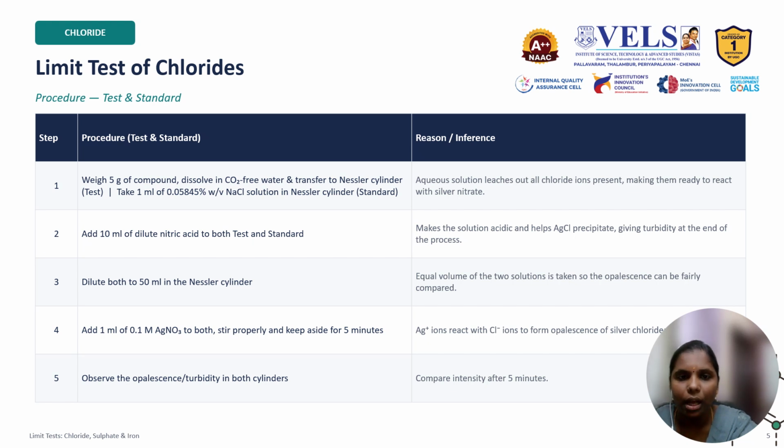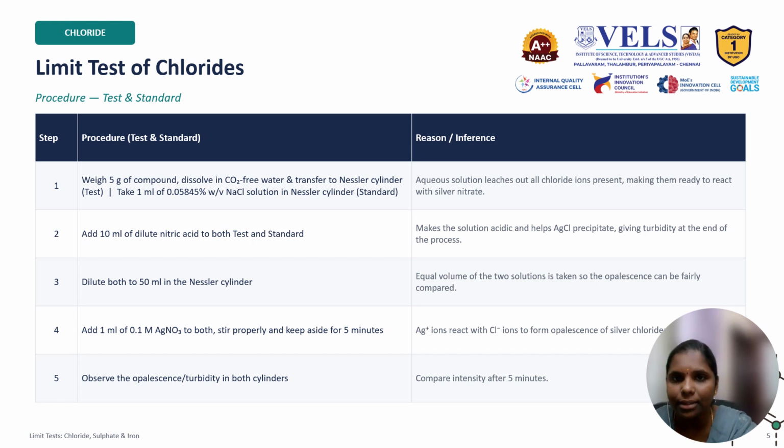Third one is to make both the solutions up to the same volume, that is usually the 50 ml mark, which is mentioned in the Nessler cylinder. Fourth one is to add silver nitrate solution to both the cylinders. And fifth step is to mix well and allow the solution to stand for about 5 minutes. And finally, observe the opalescence against the dark background.